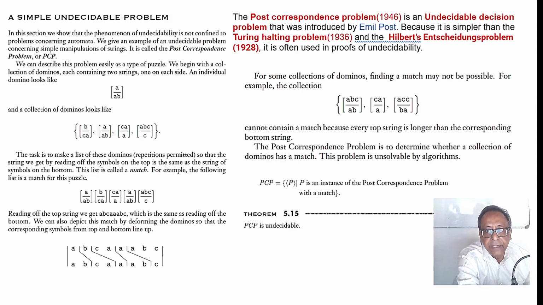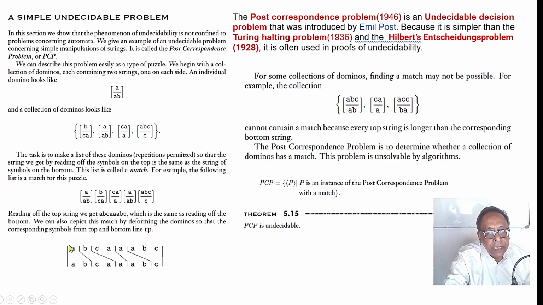This is 1946, the Emil Post correspondence problem. He showed that if you have a number of dice like this, you have to make all the numerators and denominators match using these dice. For these cases it fortunately works, but not for all cases.